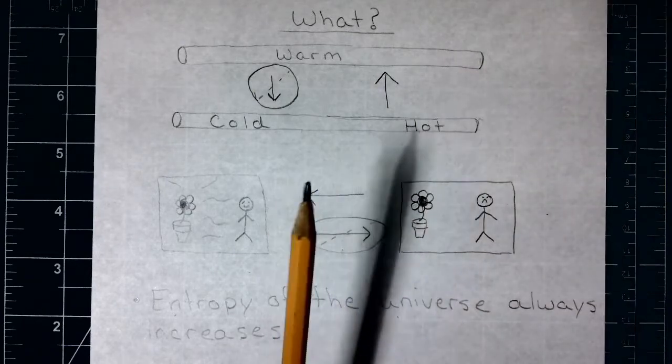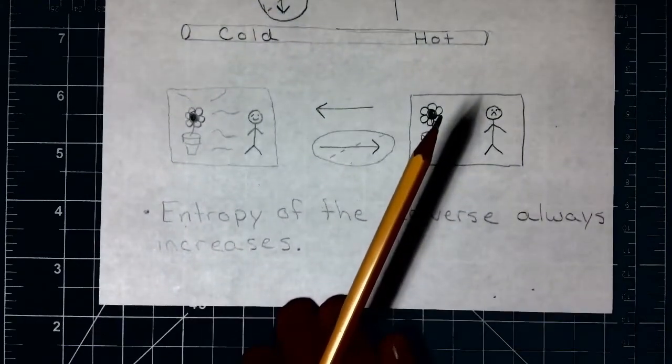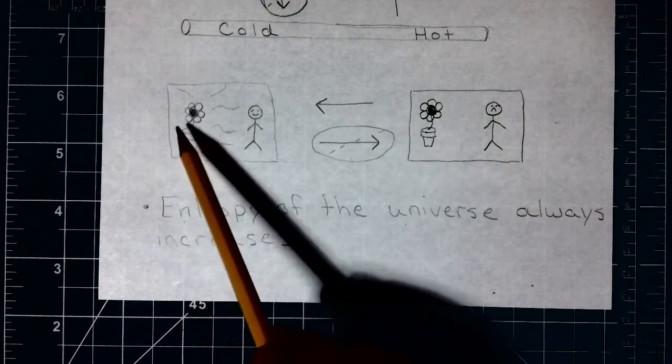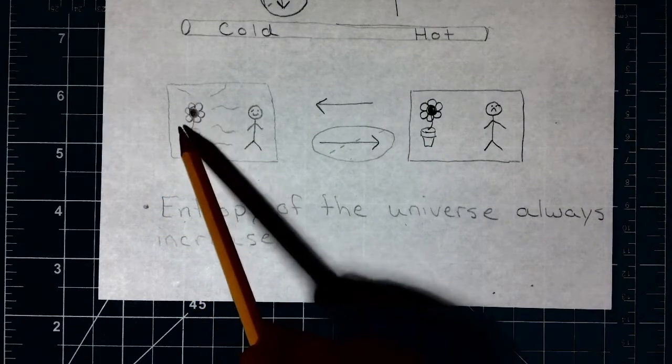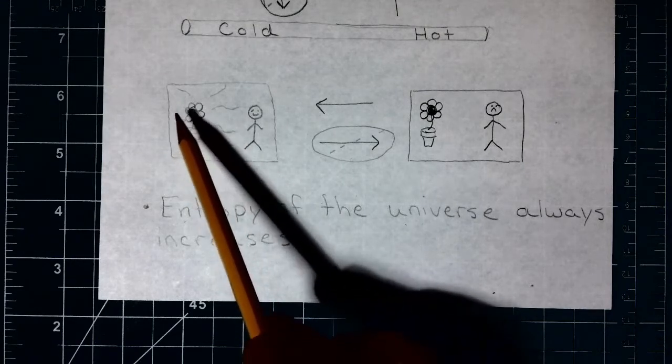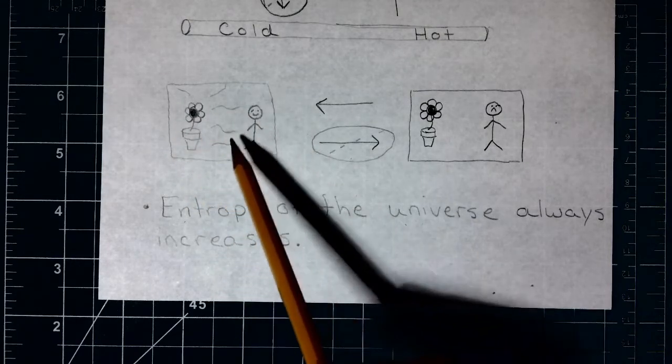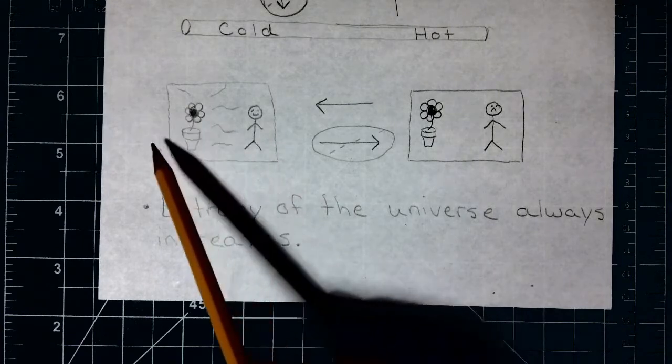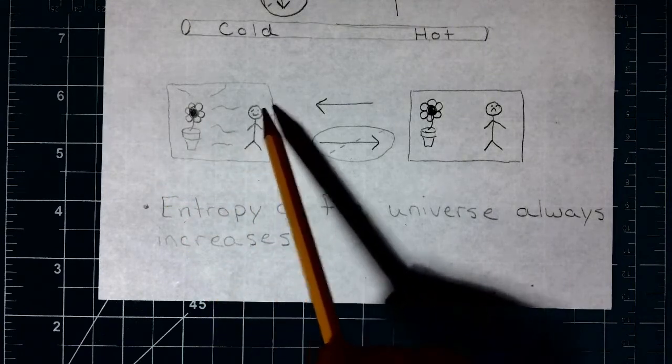Another example would be one with a flower that you can smell, right? At first, all of the scent of the flower is focused right around it, but it eventually just spreads out until it fills the volume that you're in and you can smell it, right?